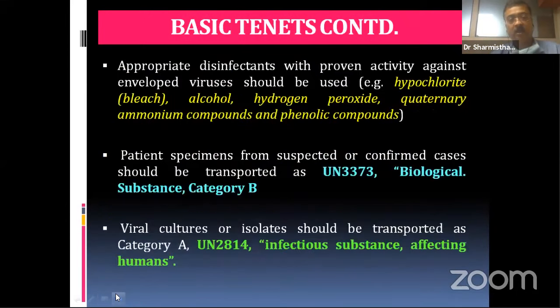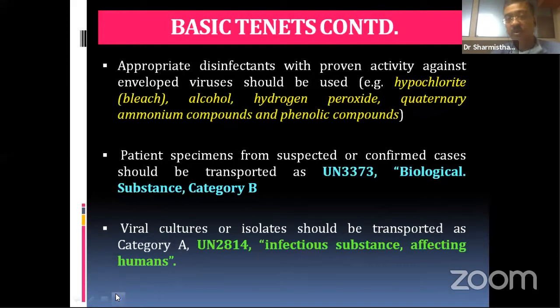Now another very important thing is the disinfectants. For enveloped viruses, the disinfectants which are effective are, as you know, hypochlorite or bleach, alcohol, usually between 62 to 71% alcohol is very good, 5% hydrogen peroxide, or quaternary ammonium compounds or phenolic compounds.